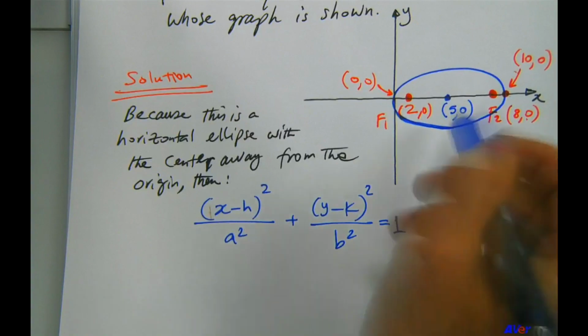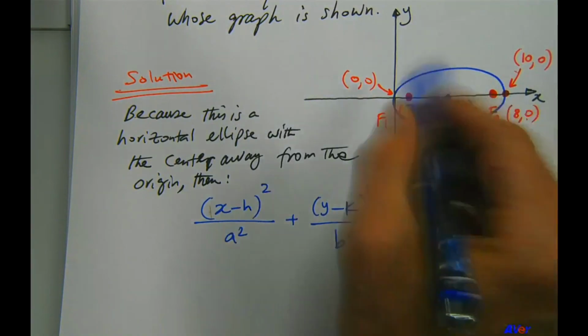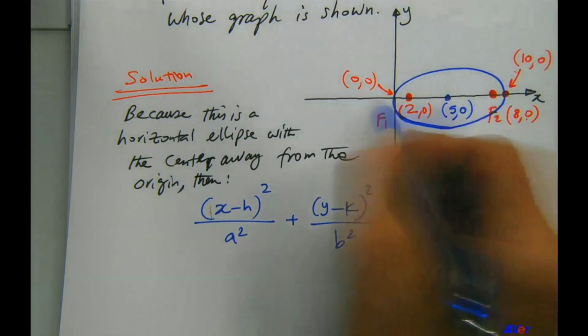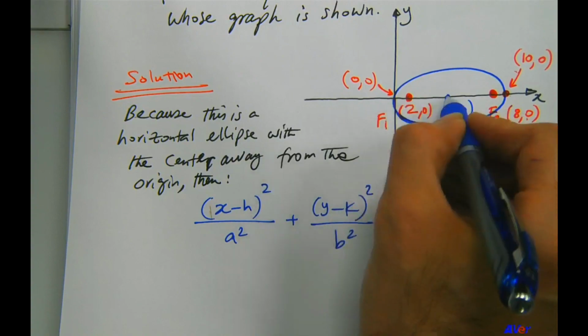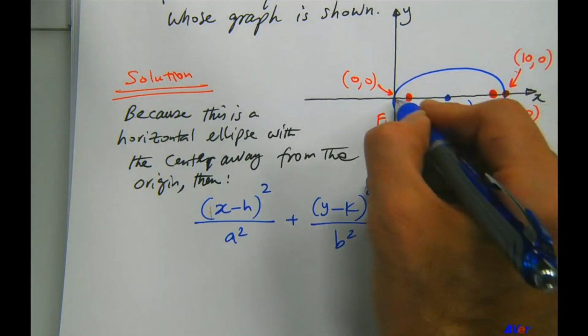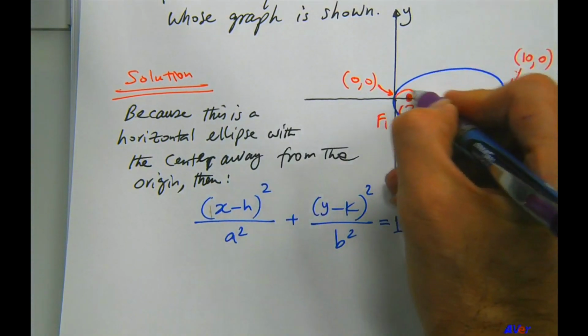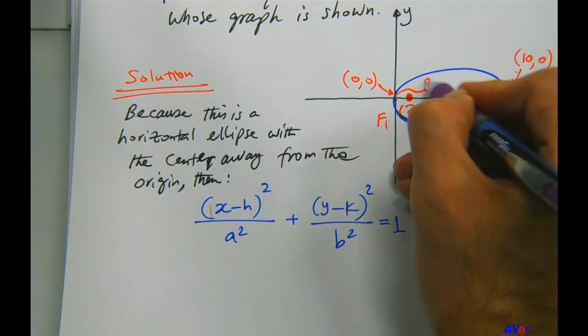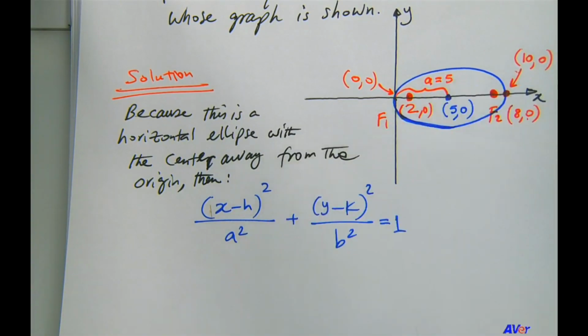Just knowing that, a is the distance along the major axis from this vertex to the center. So this distance is a, and it's equal to 5. Okay.